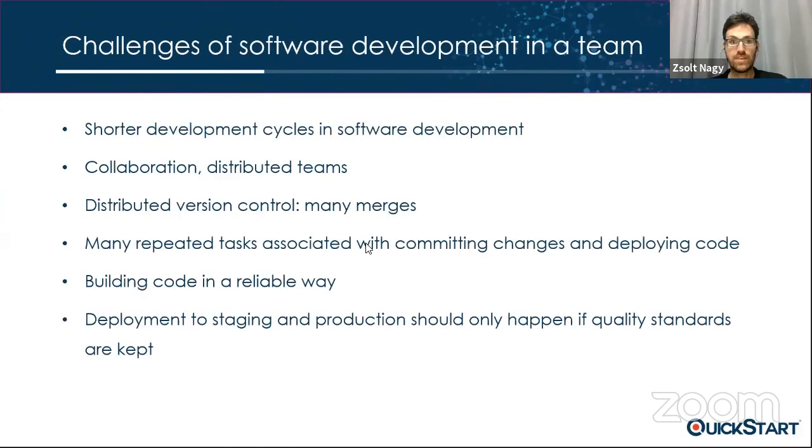So the background is that in software development, the trend has been in the last 10, 20 years at least that we are shortening the software development cycles. You know, there is iterative and incremental development, which means, just imagine that you're building a car, for instance, then you can build the different components.